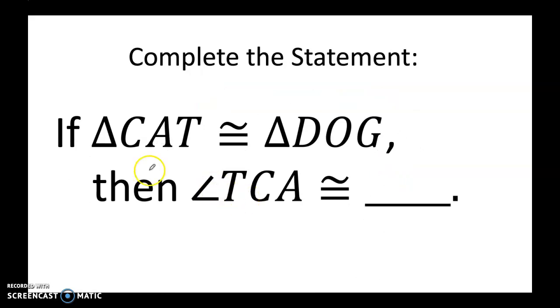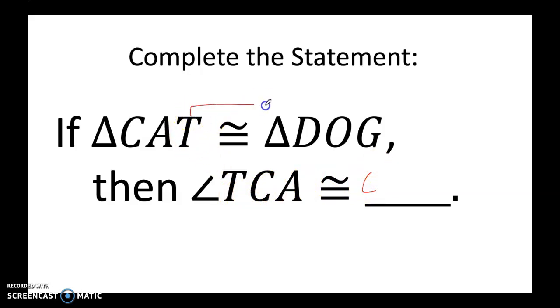Another, if triangle CAT is congruent to triangle DOG, then angle TCA is congruent to, so since this is an angle, it should also be an angle.